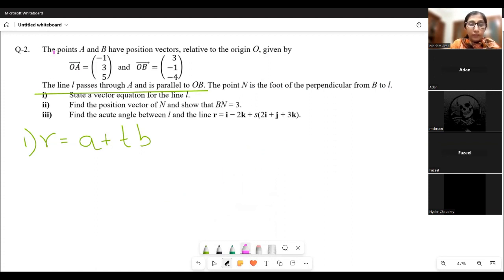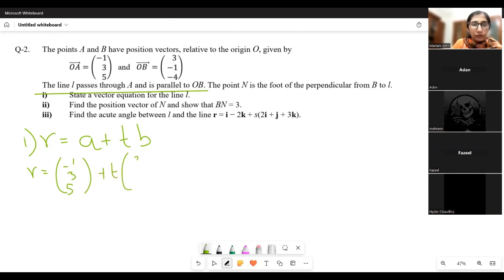So this was the equation we used when we have a vector parallel to the other vector. So the equation would be r equals (-1, 3, 5) plus t(3, -1, -4). Now it's always better to write your final answer in terms of i, j, and k, because the marking scheme writes the answer that way. Although in this question they've given the position vectors in the form of a column vector, so you might get away with this format, but it's not the case in every question.